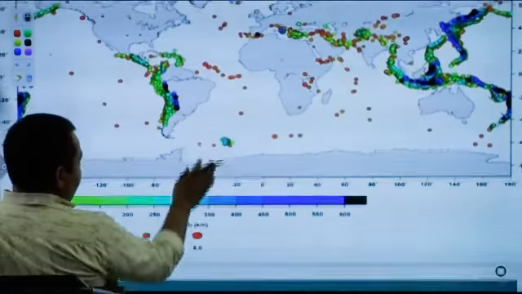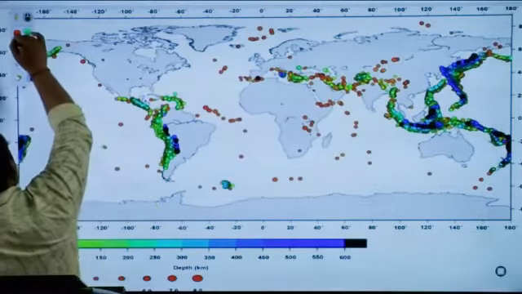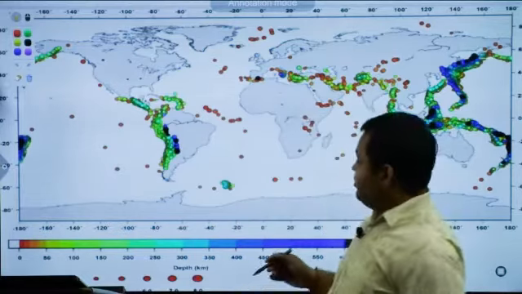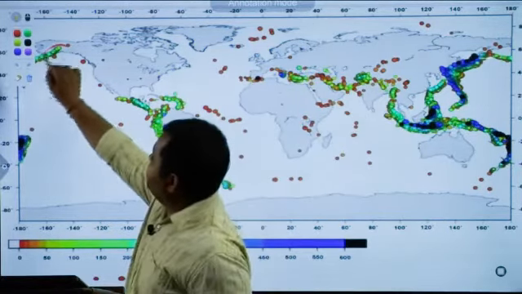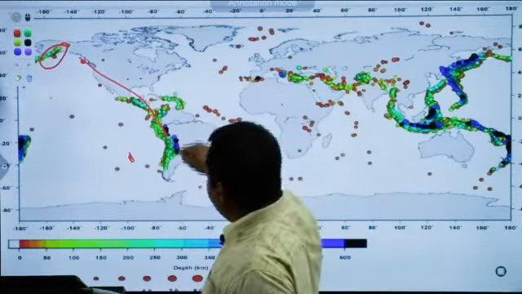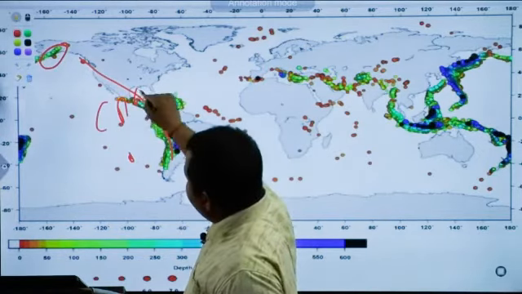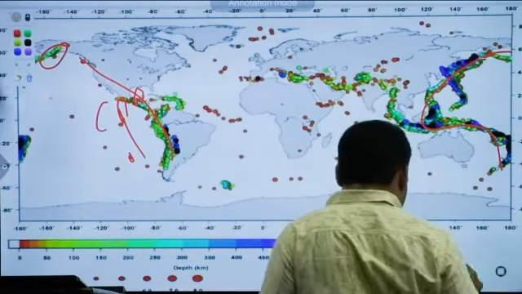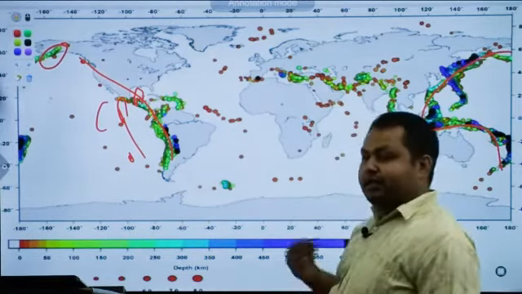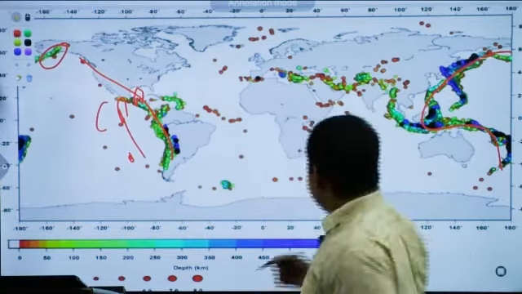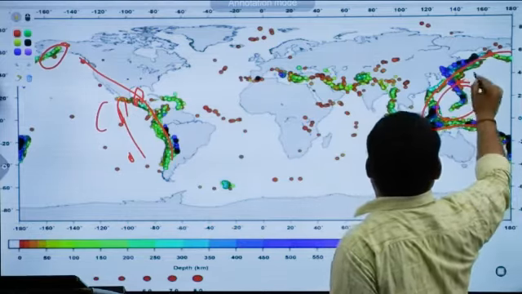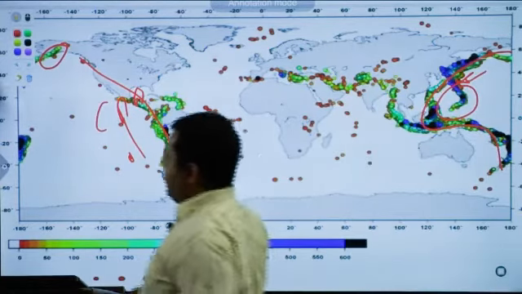In this particular map, you can easily understand the distribution of earthquakes. These are the zones experiencing maximum earthquakes, and this is related to the Pacific belt. The country of earthquake, that is Japan, is also located on this Pacific belt zone, right.